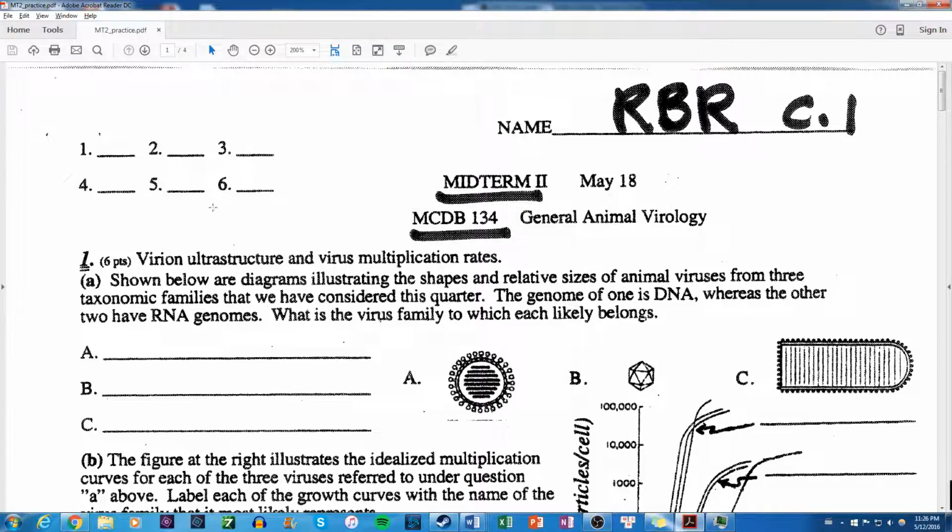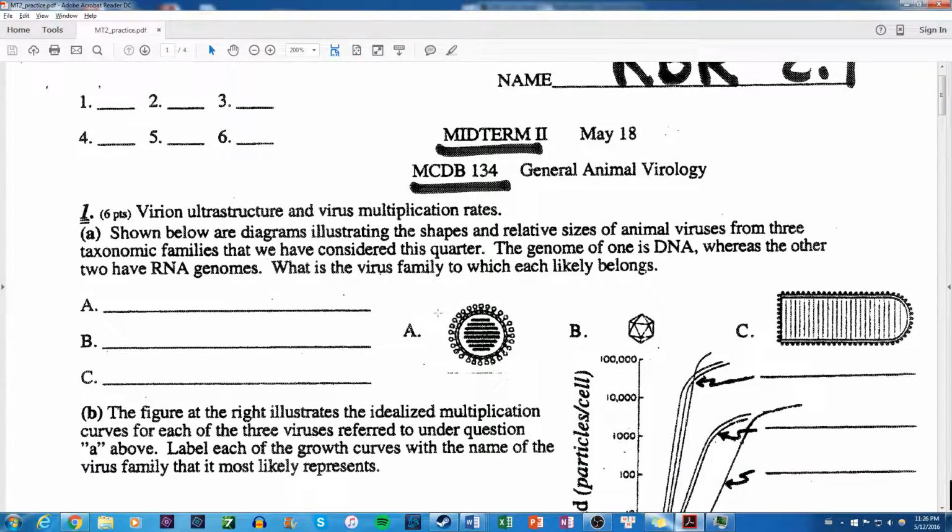So, question number 1 is shown below. Here are diagrams illustrating the shapes and relative sizes of animal viruses from 3 families. The genome of one of them is a DNA virus, the other 2 are RNA viruses. What virus family does each likely belong to? This one is pretty straightforward.